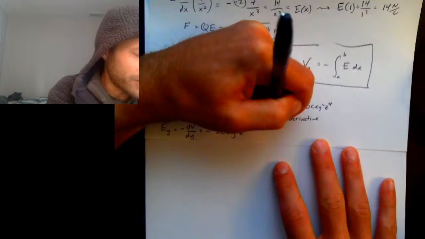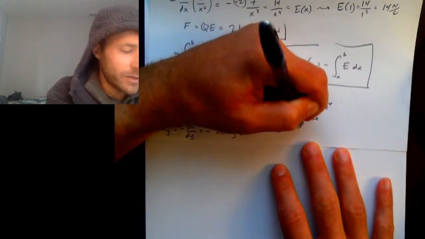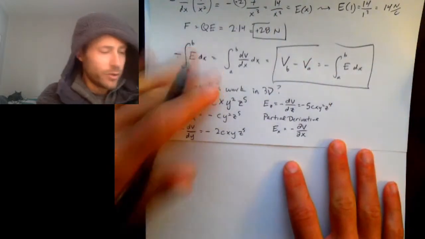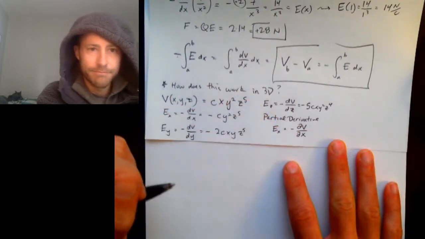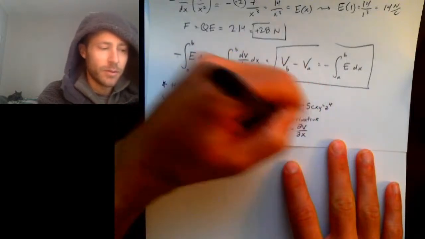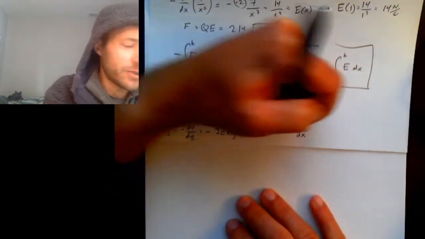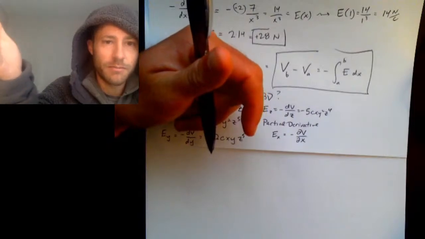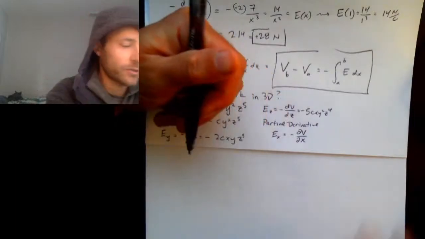So the x component of the electric field is minus dV/dx. You use a d, but it's a curly d, almost like an upside down e. All right. So that's the symbol for partial derivative. Whenever you see that, it means treat any other variables in there like they're a constant except for x.